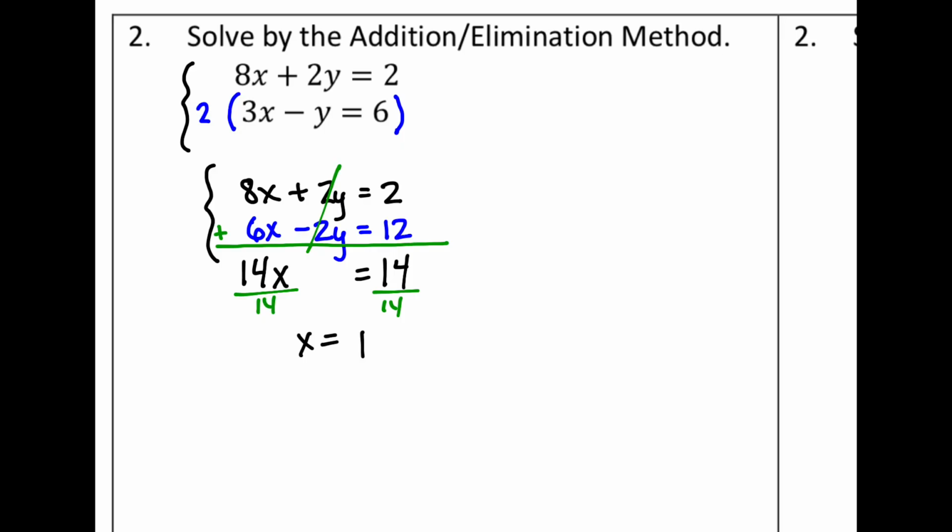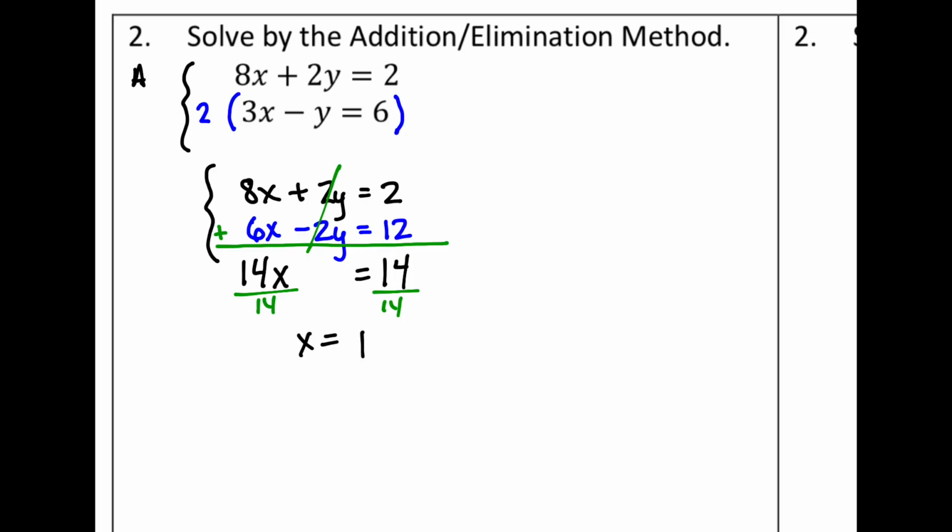Okay, now I need to substitute it into any equation with both variables. So I have the two original ones, or I have the blue one I could use. I don't use these too often because the numbers got bigger, right? I'm going to choose this original second one.